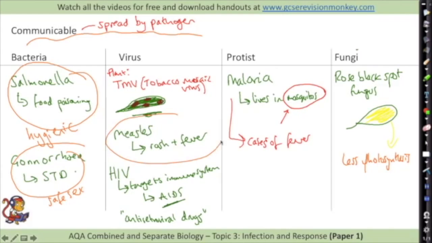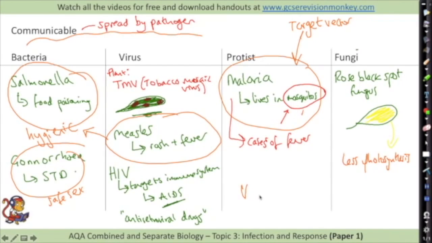In the case of measles, again, you're going to be wanting to be hygienic, catch those cough droplets so that they're not spread around. With malaria, you're going to want to target the vector that's carrying the disease, in this case, the mosquitoes. And in some cases, you will actually be able to develop a vaccine, for example, for measles, to try and prevent yourself from ever having or developing that disease in the first place.